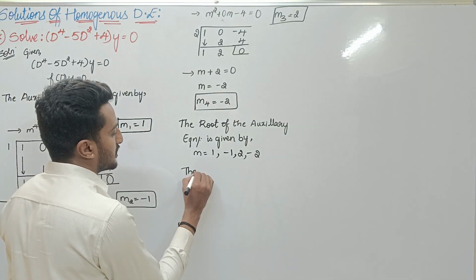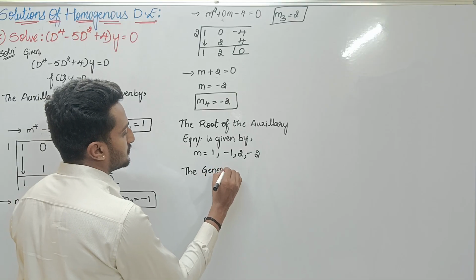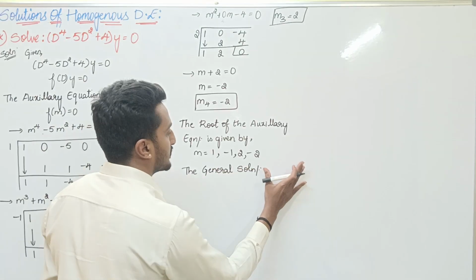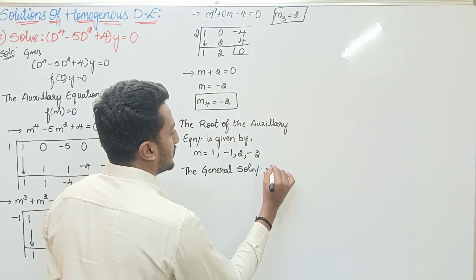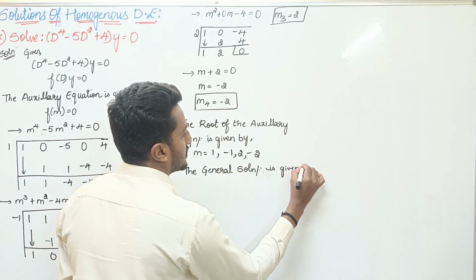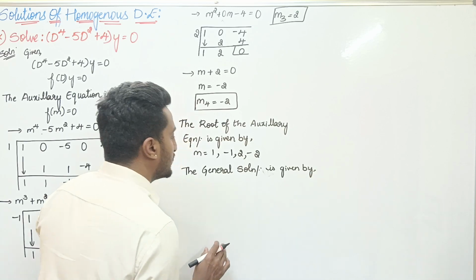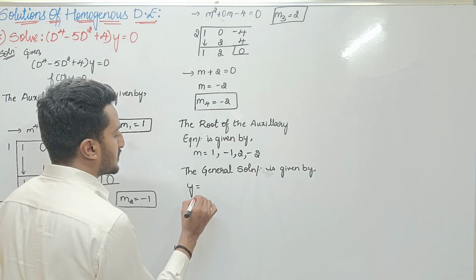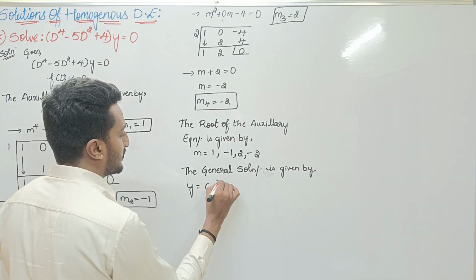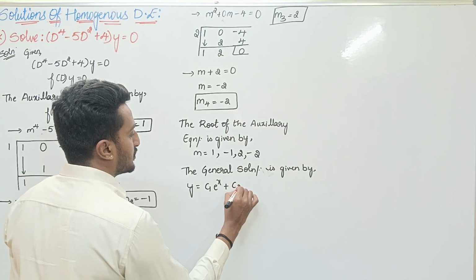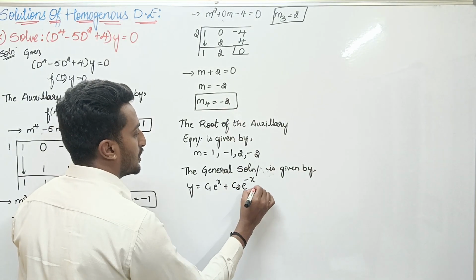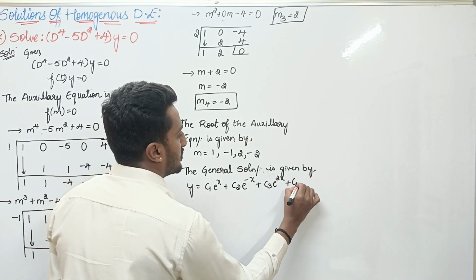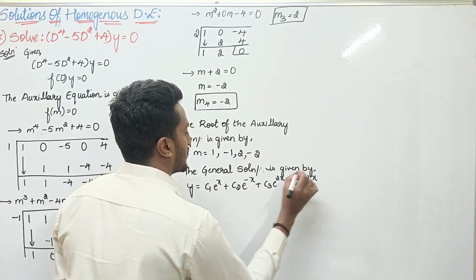The general solution is given by, since all the roots are different, y equal to c1 e power of x plus c2 e power of minus x plus c3 e power of 2x plus c4 e power of minus 2x.